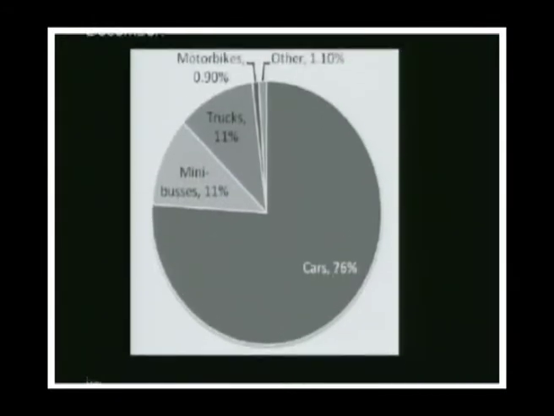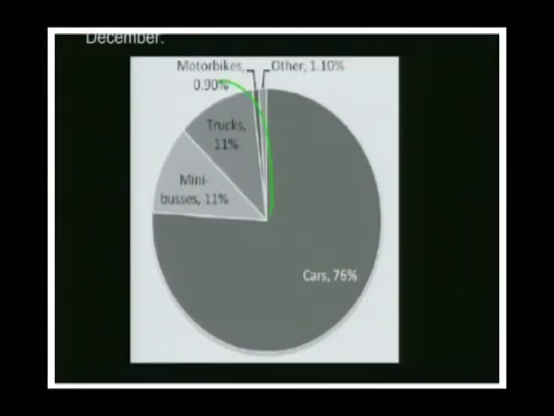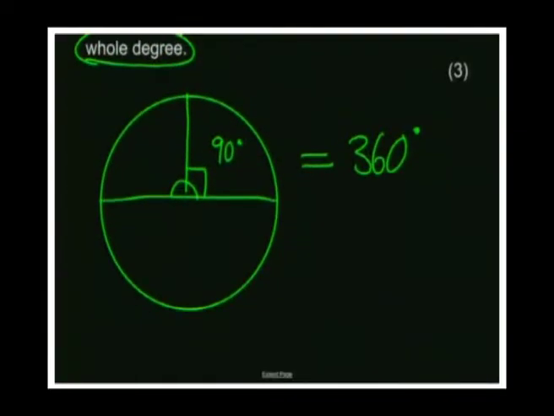And let's go back and have a look over here. Well, our truck section is less than a quarter of a circle, so our answer should be less than 90 degrees. And in fact, it looks like it's even just less than an eighth of a circle, and an eighth of a circle is half of a quarter, which is half of 90, so an eighth of a circle would give us 45 degrees.